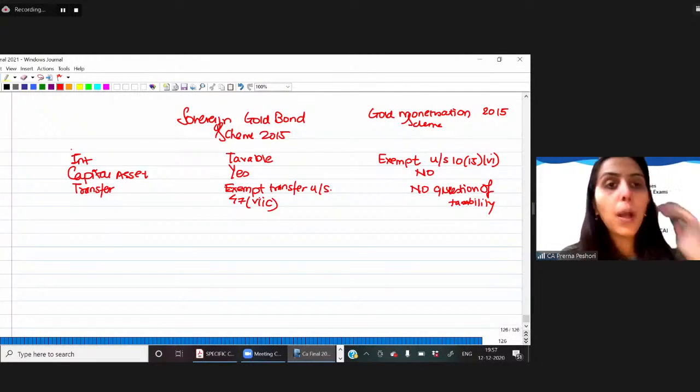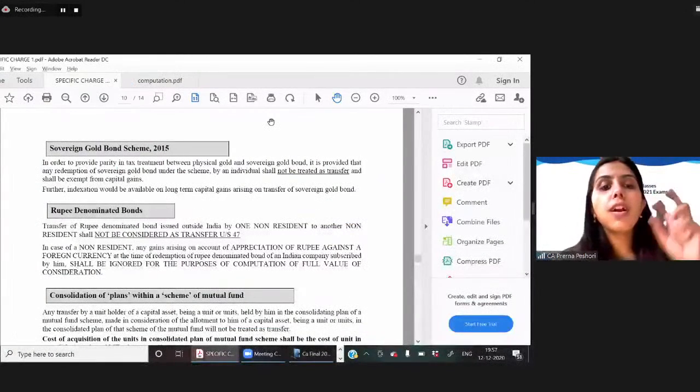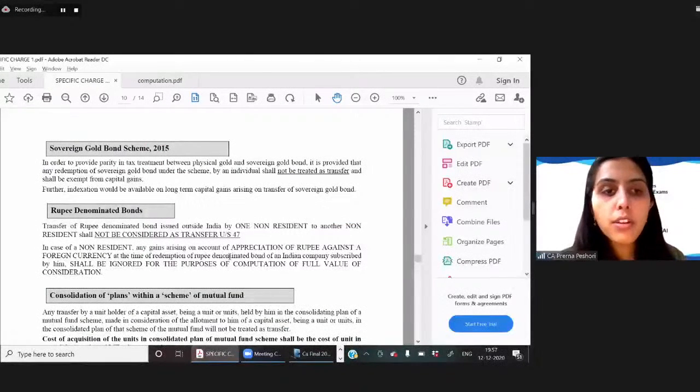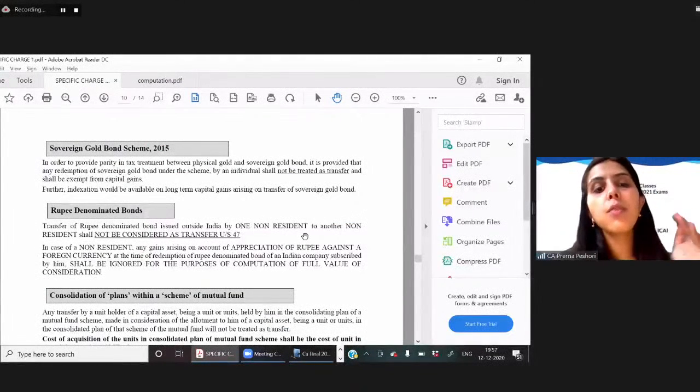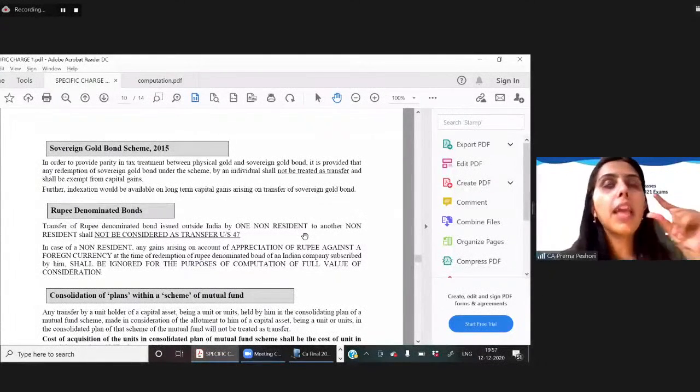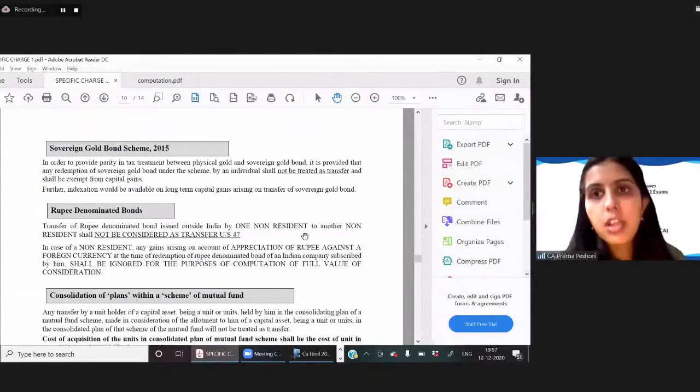Then another one is the rupee denominated bond. For a rupee denominated bond, transfer of a rupee denominated bond issued outside India by one non-resident to another non-resident will not be considered as transfer under section 47. So these are bonds which are issued to the non-resident and which are denominated in rupees.